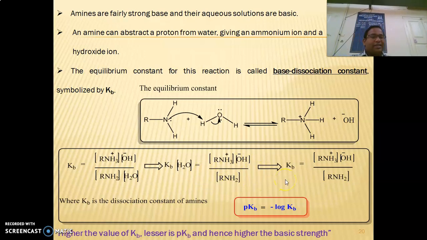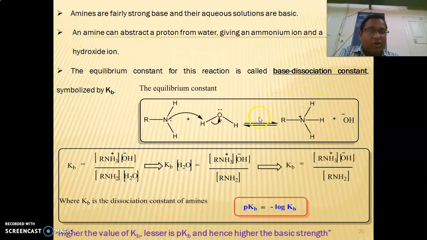So it says that the basicity of the amine totally depends upon the dissociation constant. The higher the value of the dissociation constant, the lower is the pKb value, and the higher is the basicity strength. In other words, the basicity of the compound is totally dependent upon the stability of the conjugate acid.